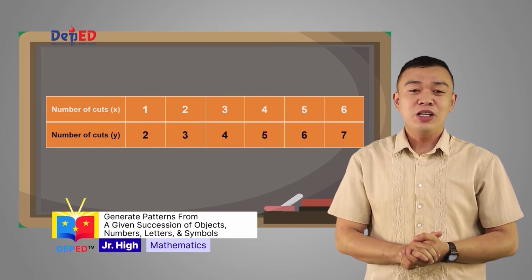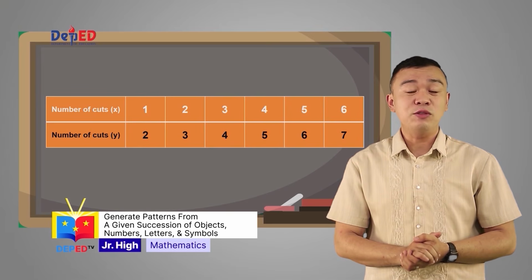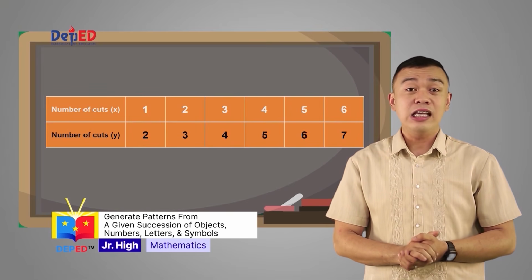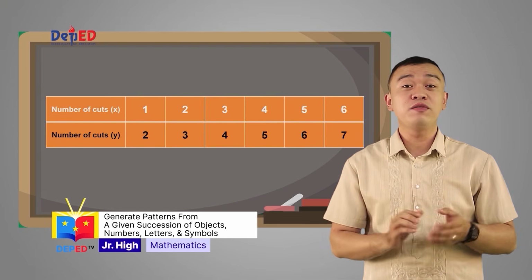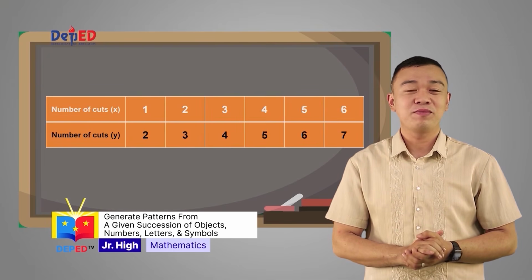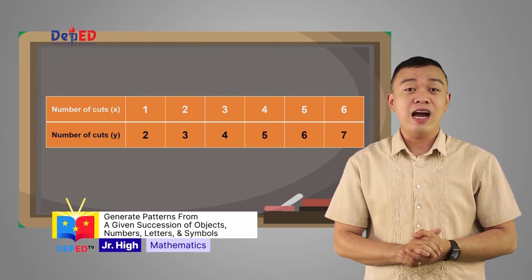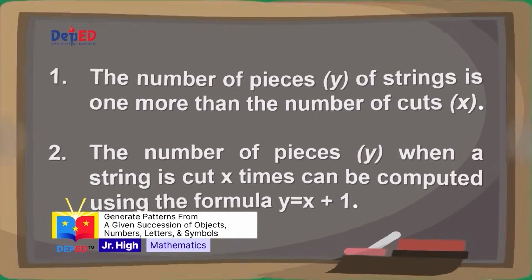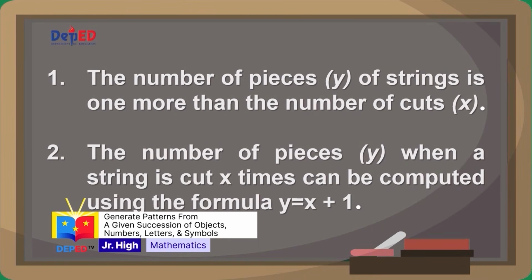From the table, notice that the number of pieces y of strings is 1 more than the number of cuts x. Thus, we can state our conjecture as the number of pieces y when a string is cut x times can be computed using the formula y is equal to x plus 1.